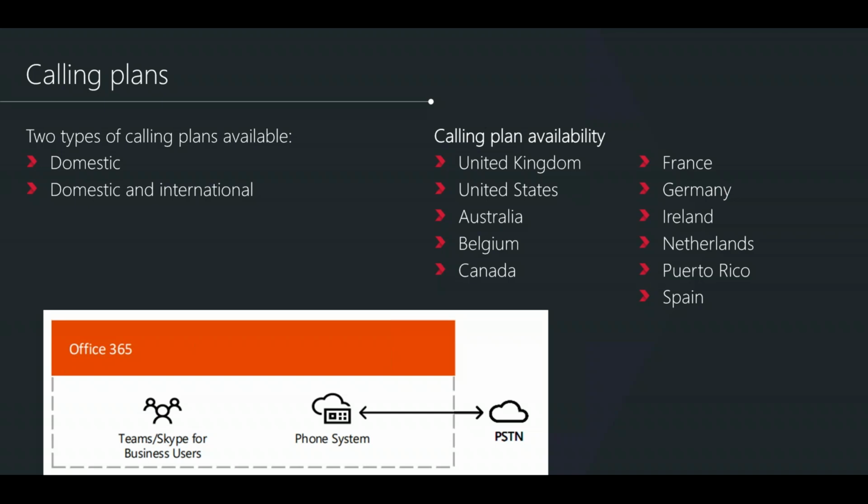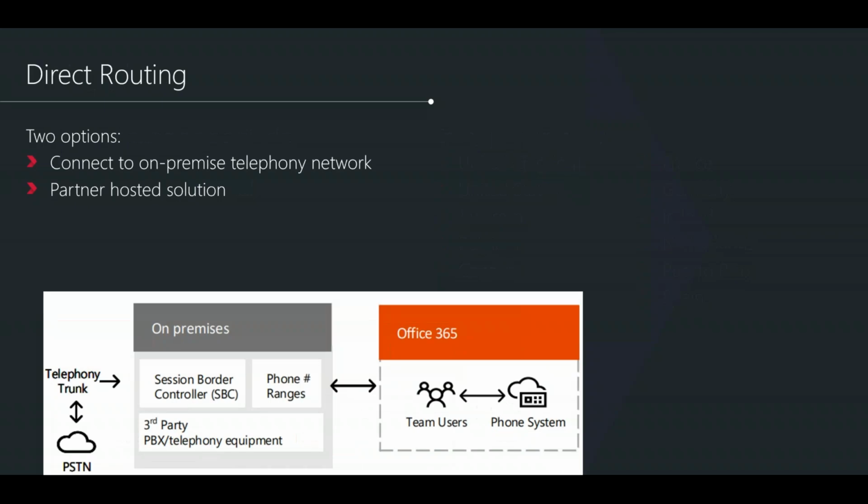So that's calling plans. Next option is direct routing. This is the more fully featured, and I guess from my point of view, interesting way of getting voice into Teams.